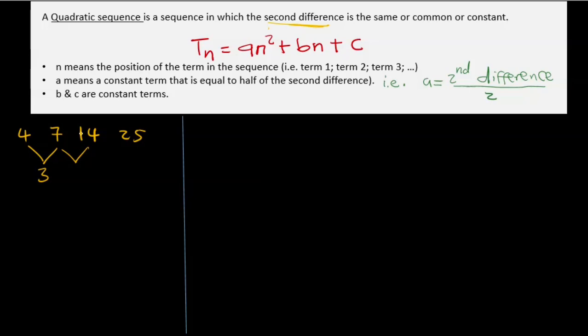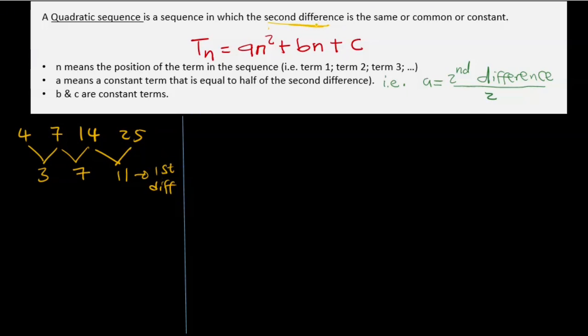Now let's continue. 14 minus 7, that will give you a 7. And then 25 minus 14, that will give you 11. Now, this will be the first difference. Going back to the definition, a quadratic sequence is a sequence in which the second difference, not the first difference, is constant.